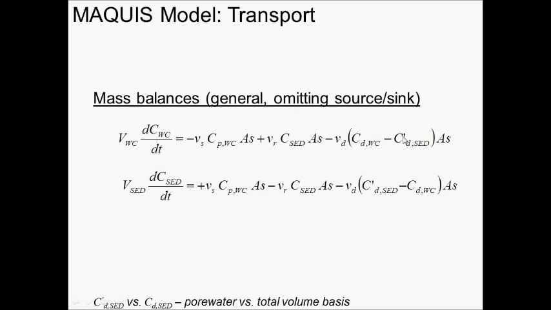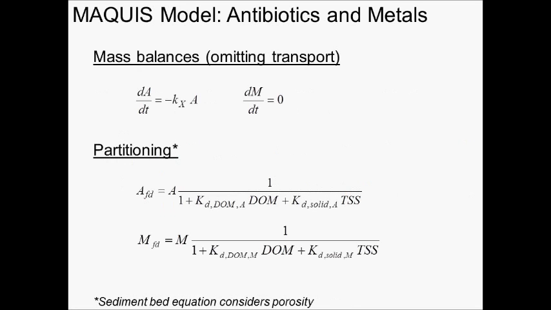For example, the reason why I have C prime here and not C is because we have the option of expressing the concentration either on a pore water basis in the sediment or on a total volume basis. That is all described in common water quality modeling books, and all those things are correctly accounted for in this model.